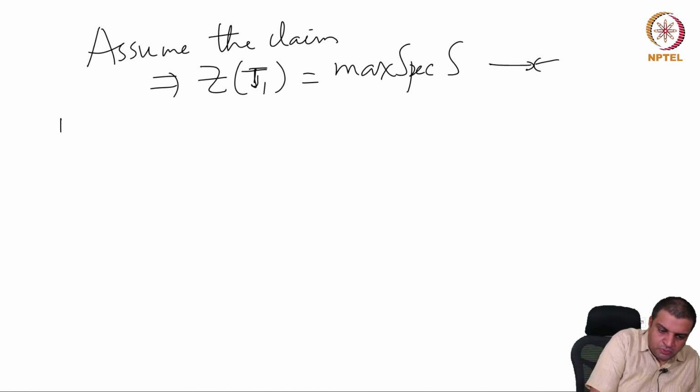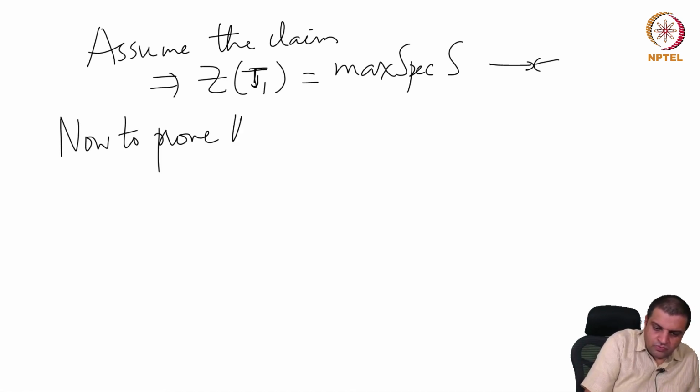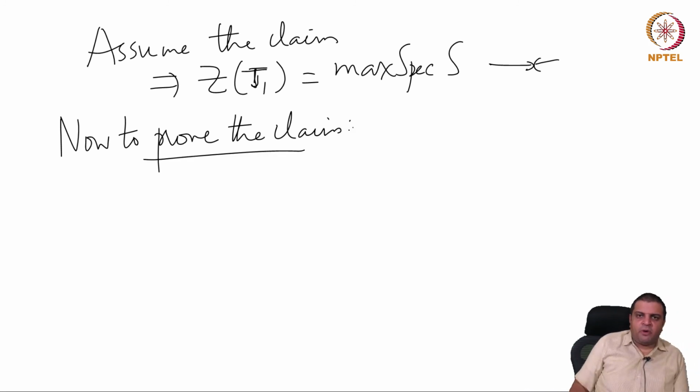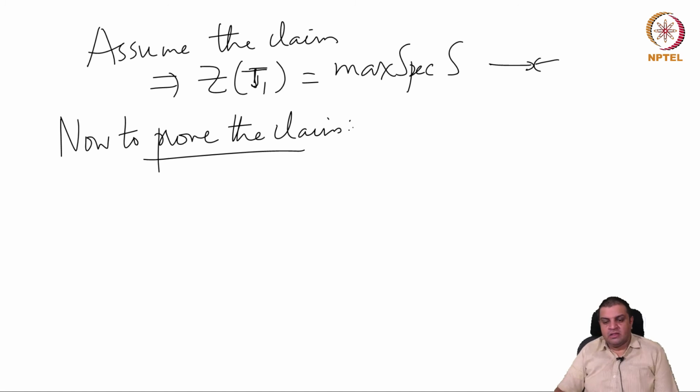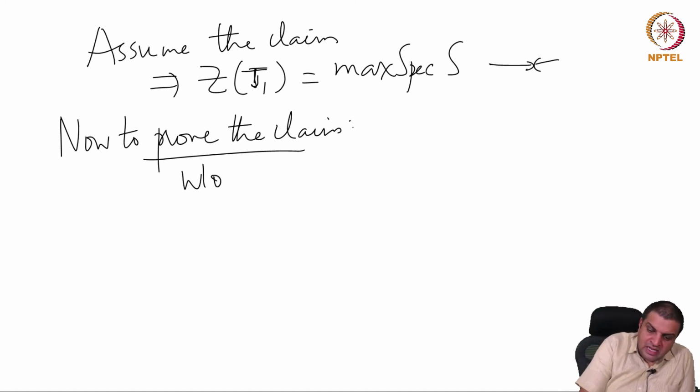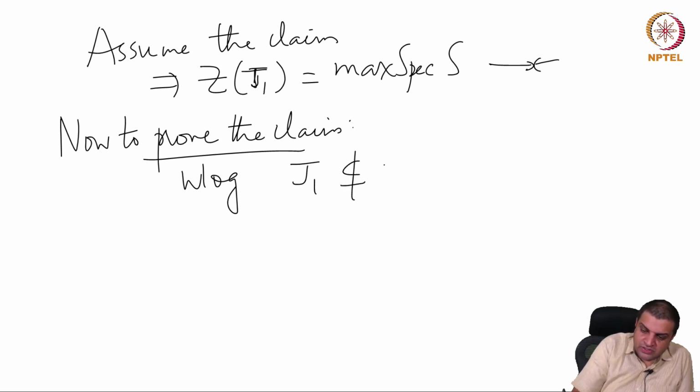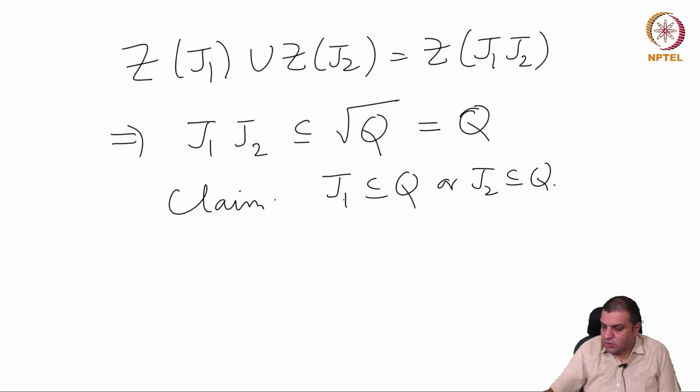Now to prove the claim, this is just a general fact. If a product of ideals is inside a prime ideal, then one of the ideals is in it. Without loss of generality, we may assume that J1 is not inside Q, because if J1 is inside Q, then there is nothing to prove.